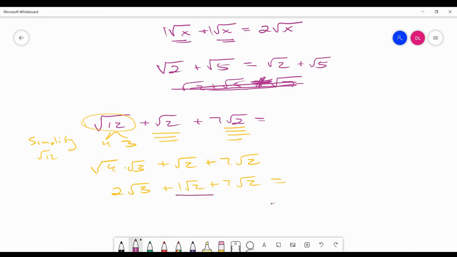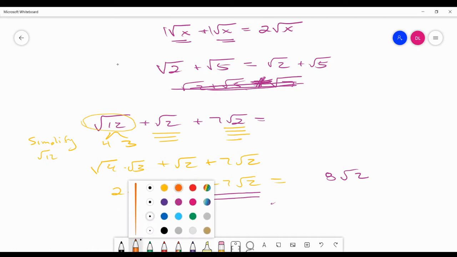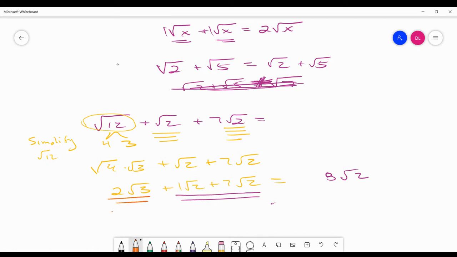Well, if I look at this, these two are the exact same root. So that means that's 1 plus 7, which is 8 square roots of 2. This one is not the same, so it stays as itself: 2 root 3 plus 8 root 2.